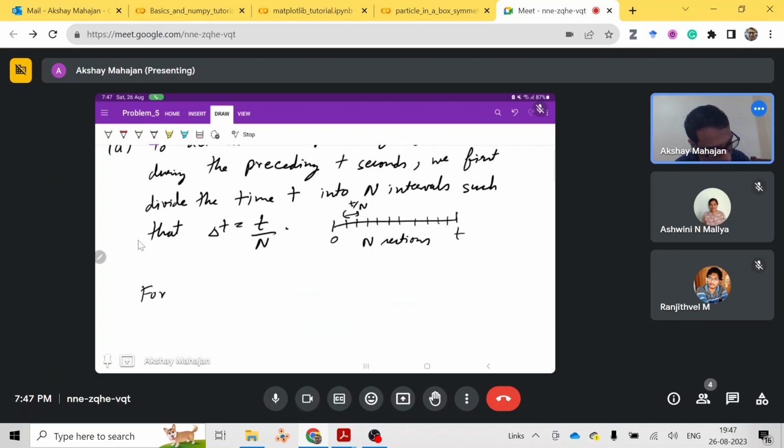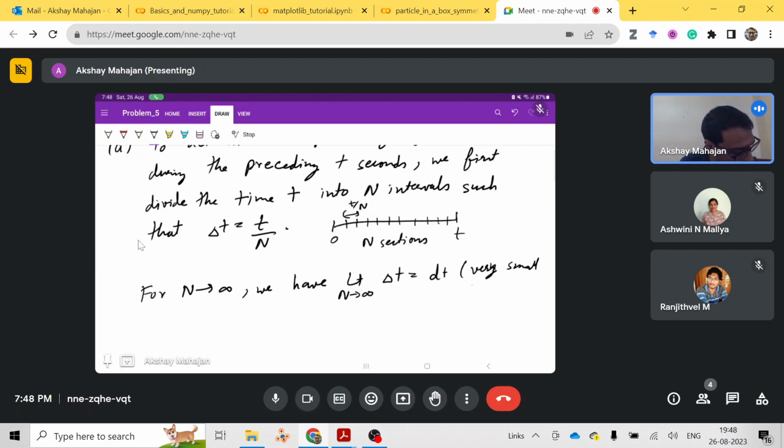Now if n tends to infinity, then the limit of delta t will be our dt, the infinitesimal time interval for which the Drude model has given us the probability. It is an infinitesimally small value.